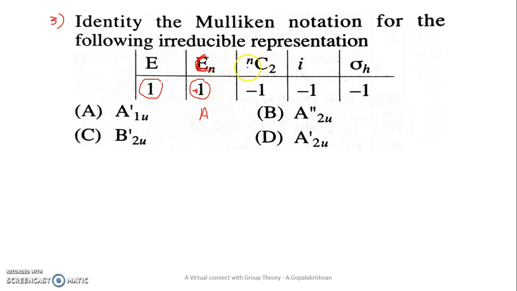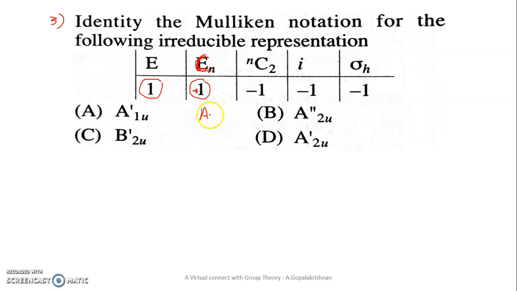Then we have n C2 axis perpendicular to Cn. n C2 is given. Listen, whenever a perpendicular axis is present, see the character of the perpendicular axis. If it is +1, then give the subscript 1. If it is -1, then give the subscript 2.